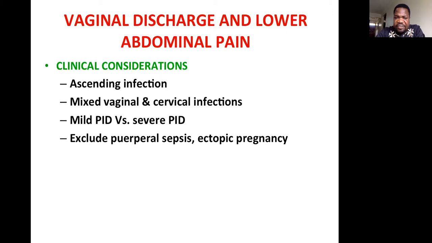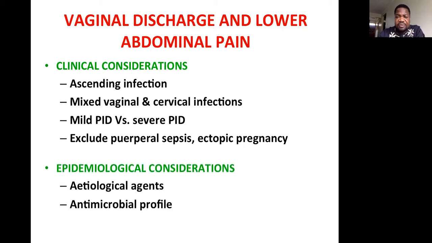And you need to exclude the possibility of puerperal sepsis. Maybe this patient had, but this patient told you that she saw her last menstrual period 4 weeks ago. The pregnancy test is negative. You just need to ensure that she did not give birth or try to get the pregnancy terminated, and now there is a septic condition following that, or you exclude the possibility of ectopic pregnancy as well.